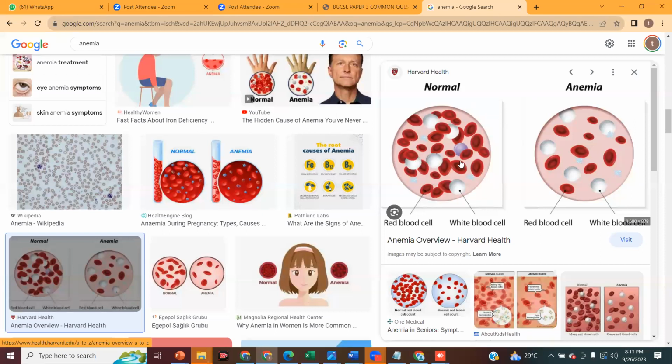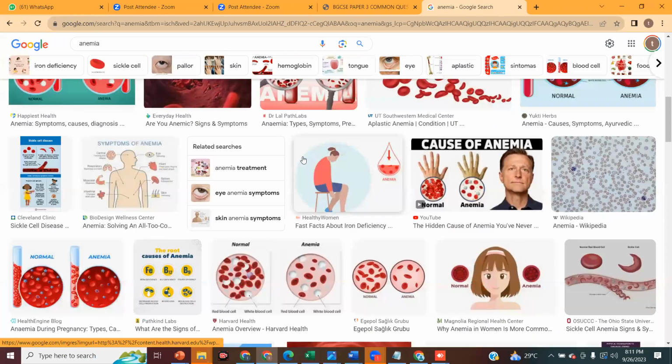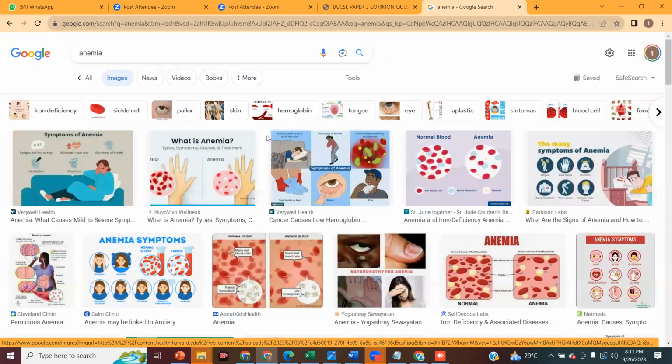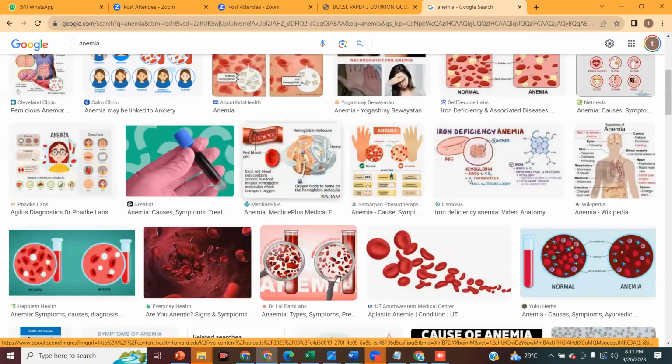You would think they would get more blood, more oxygen, right? Because they have more red blood cells, so they definitely get way more oxygen than this one. That's why this one is going to be more tired, more sleepy, have muscle pains and stuff like that. Not only this, but sickle cell anemia is when the red blood cells are actually shaped like a crescent moon or a banana.